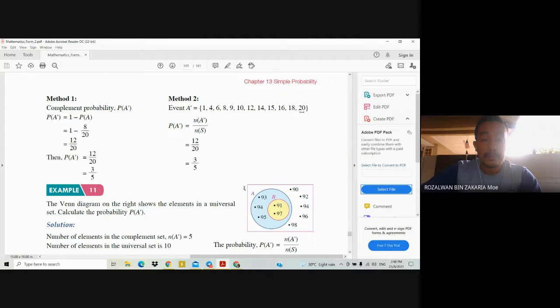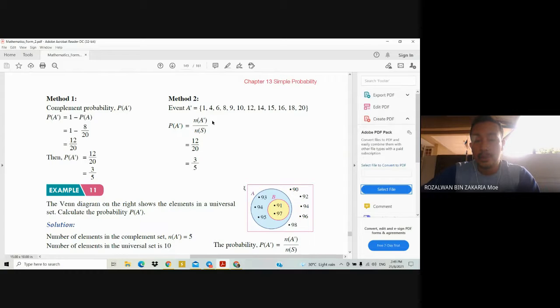Next, you substitute the number of elements for the complement of event A in the probability formula: the number of elements for the complement of event A divided by the number of elements in the sample space.